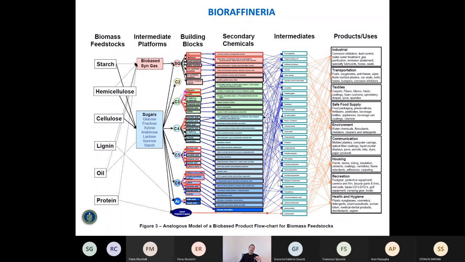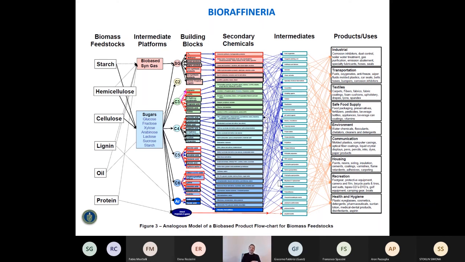We can't investigate all the possible pathways, because otherwise we would need 40 or 100 hours. But there are bioplastics, biolubricants, biochemicals.